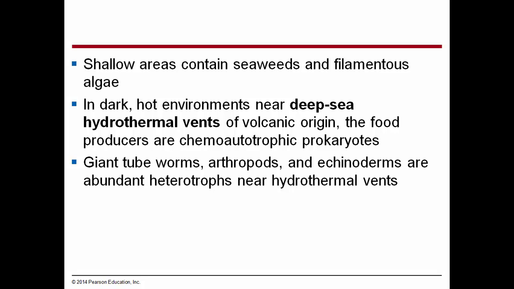Shallow areas contain seaweeds and filamentous algae. In dark, hot environments near deep sea hydrothermal vents of volcanic origin, the producers are chemoautotrophic prokaryotes, giant tube worms and arthropods, and echinoderms are abundant heterotrophs near these hydrothermal vents.